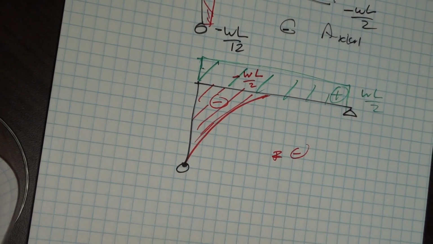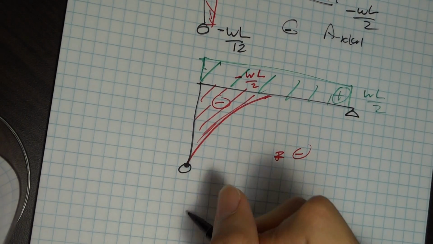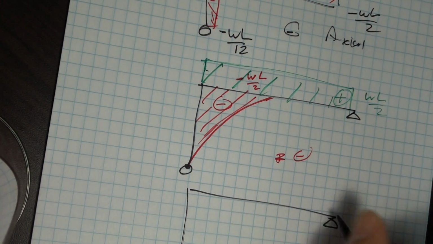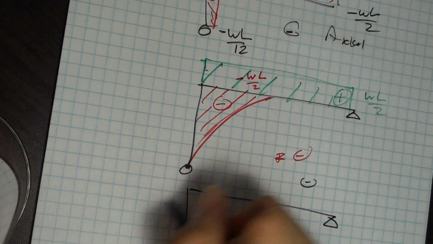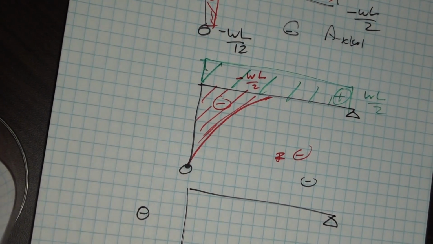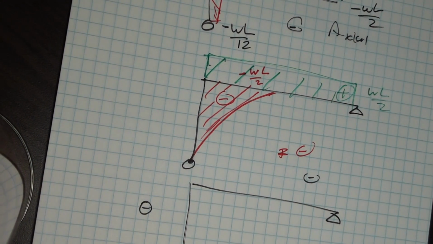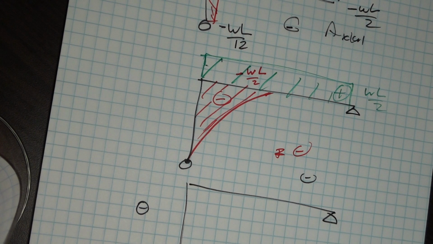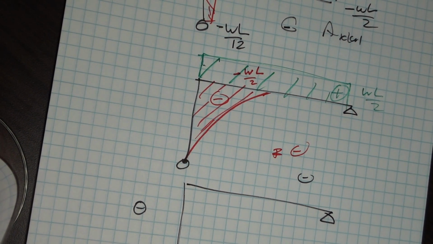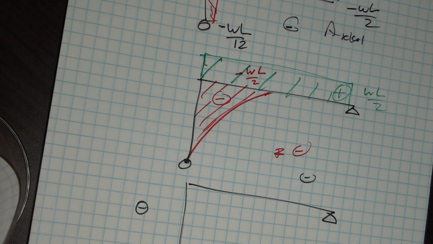Now what about the moment diagrams? For the moment diagram, I'm going to draw the positive on the inside. Moment is going to start off at 0 again. It's going to start off negative, and it's going to slowly increase. Sorry, it's going to decrease more and more quickly.